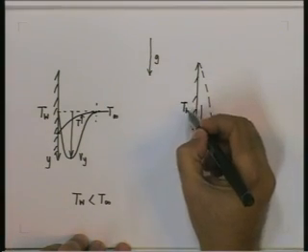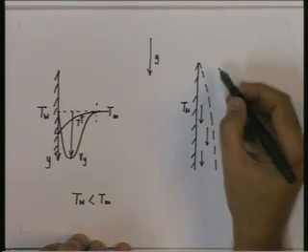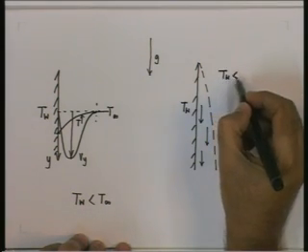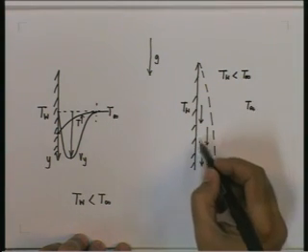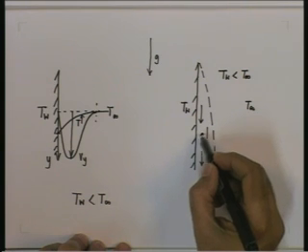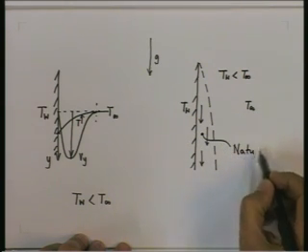Here also the same situation, wall temperature and free stream temperature. The wall temperature is assumed to be lower than the free stream temperature, and this zone is the natural convection boundary layer.